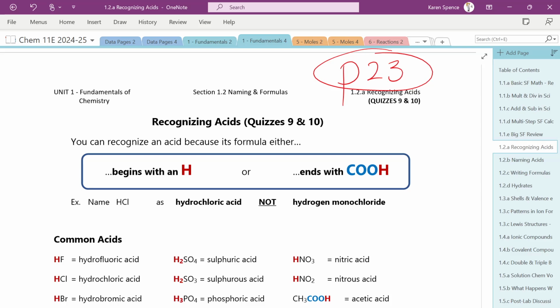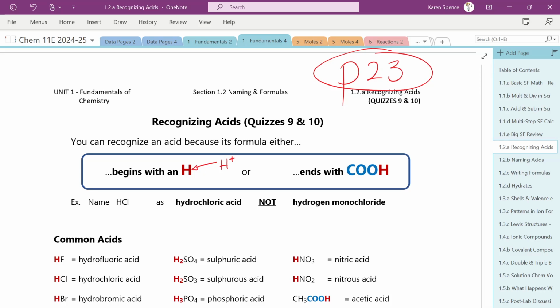So you can recognize an acid because its formula contains what? Hydrogen, okay? And specifically, it's either going to begin with an H, and that's going to be an H plus, okay? In this case, hydrogen behaves as an ion, okay?